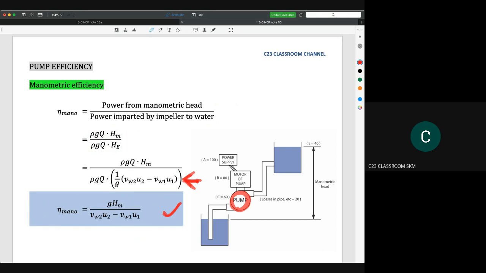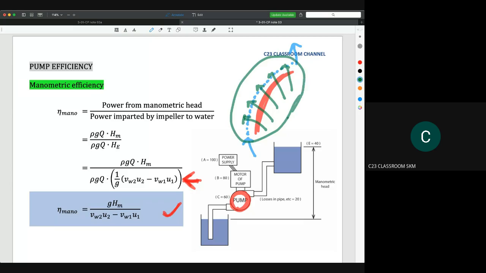So if we have a blade here, the water will go inside this blade, travel along the blade, and then go out. At this moment, when water is traveling on the blade, all the kinetic energy is being transferred from the blade to the water. So the Euler head is actually telling us about this phenomenon.